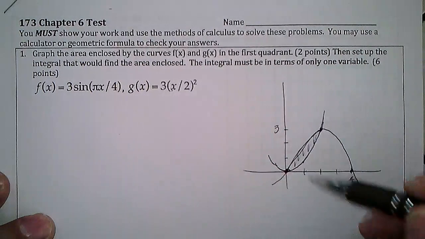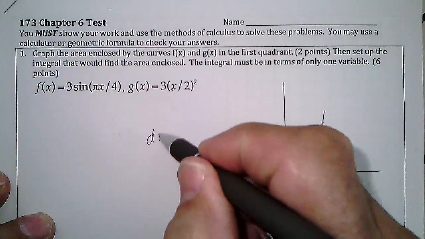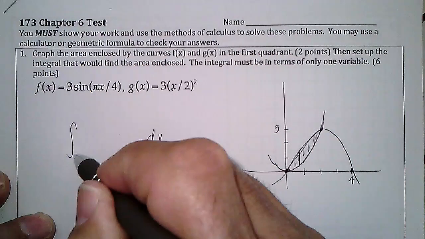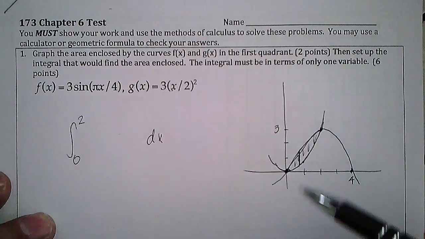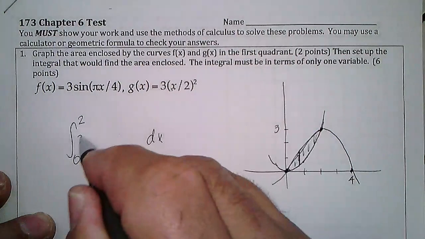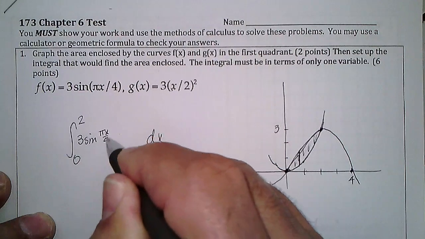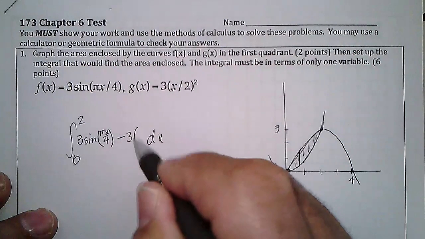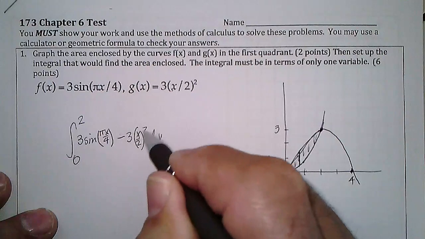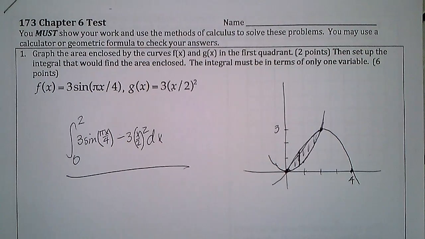Okay, so the area, we'll do a slice this way, so it's dx, and we'd be integrating from 0 to 2, and it'll be the higher curve, which is 3 sine pi x divided by 4, minus the lower curve, which is 3 times x over 2 squared. And that's it. All there is to it. You could work that one out, but I didn't ask you to do it.